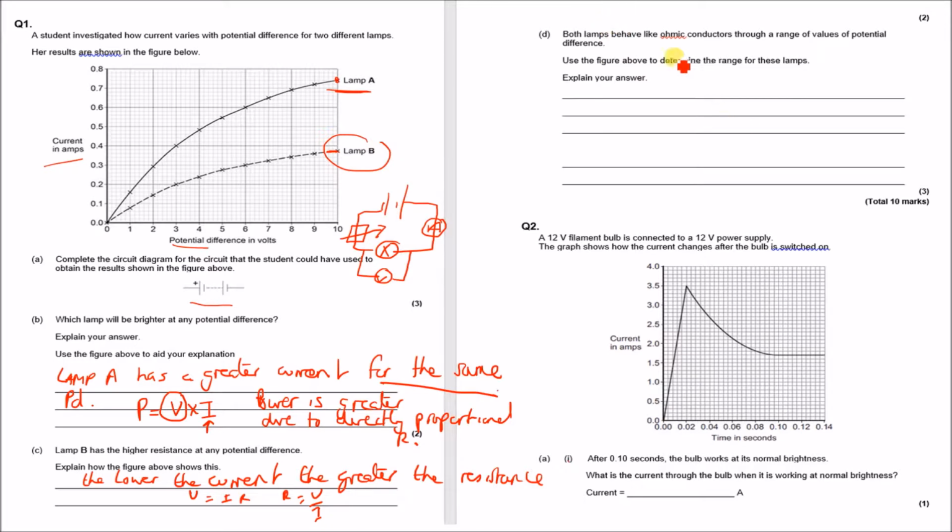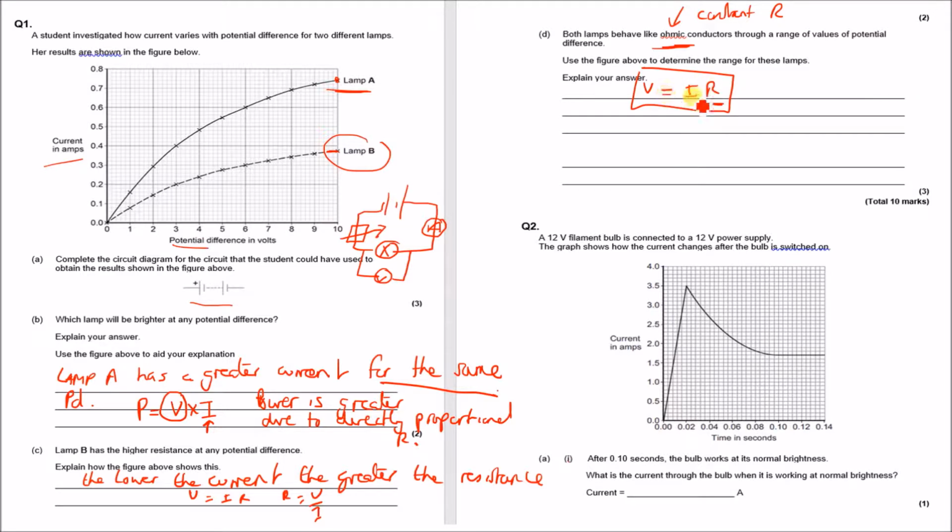In here it says both lamps behave like ohmic conductors through a range of values. Now, an ohmic conductor has a constant resistance. So V equals IR when R is constant. So when would we get a relationship where V is equal to IR?